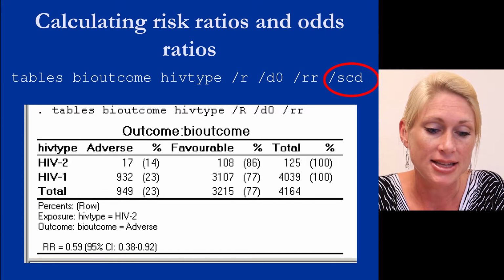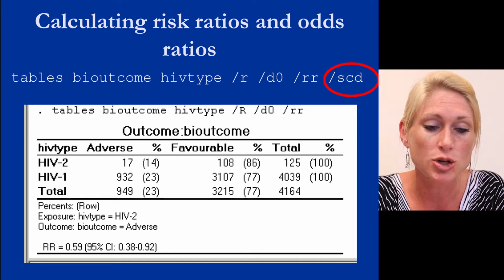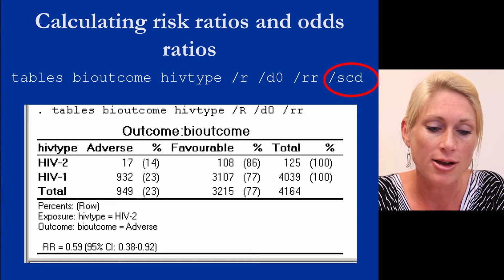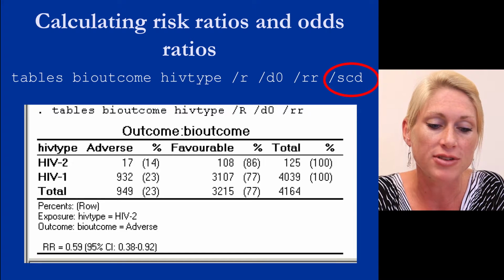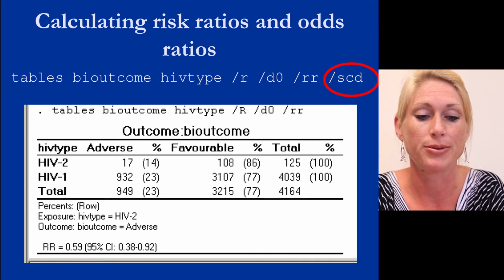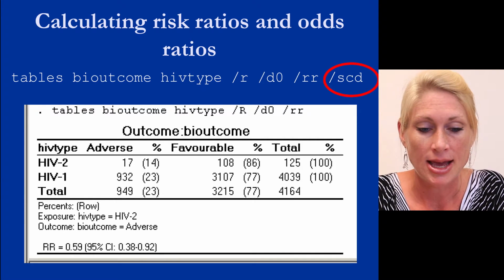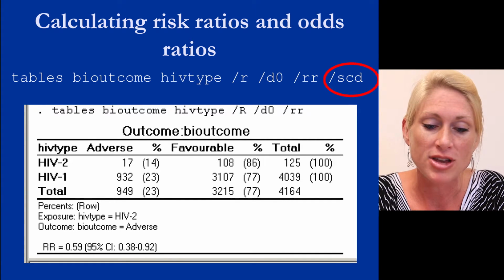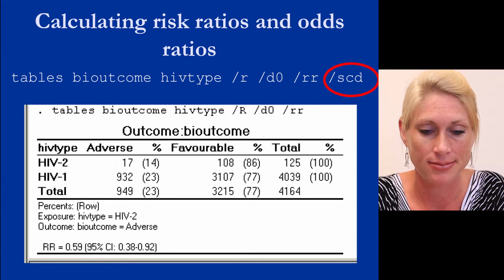The way EpiData Analysis works is it will take the group sitting up top here as the exposure group. So if we can find a way of flipping HIV-1 and HIV-2 around so that HIV-1 sits on top, then HIV-1 will become the exposure group. And one way we can do this is by reorganizing how these percentages are presented.